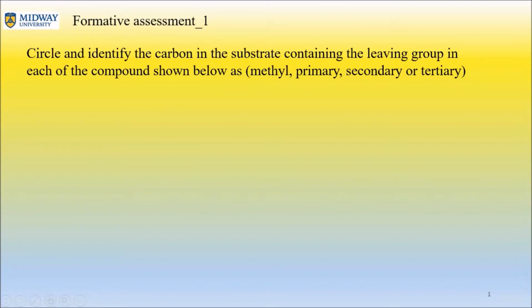So the first formative assessment question is: circle and identify the carbon in the substrate containing the leaving group in each of the compounds shown below as methyl, primary, secondary, or tertiary. Keep in mind, I said there could be thousands of carbons in a compound, but the carbon we focus on is the carbon that contains the leaving group.